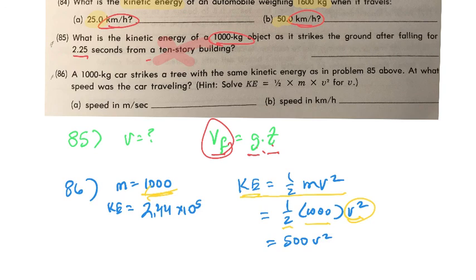Well, that is the answer that you got from problem 85. And that should be this number right here, okay? So if you plug that in, and let's say we have this 2.44 times 10 to the 5th, and we divide by 500, now you'll have velocity squared equals the answer to that.